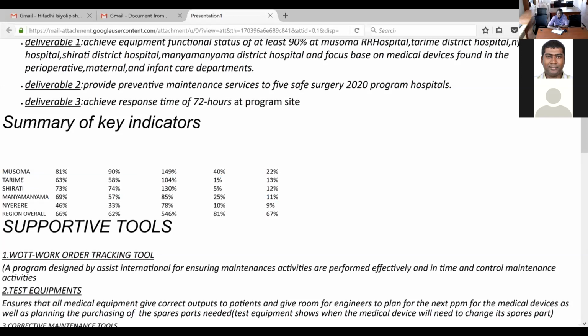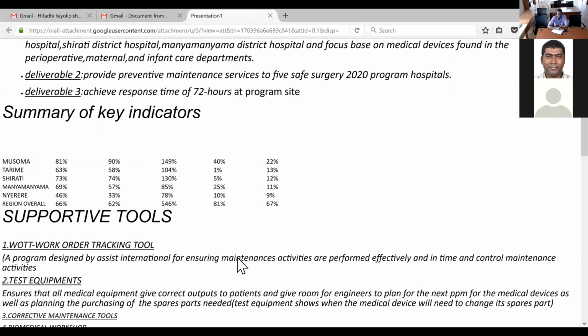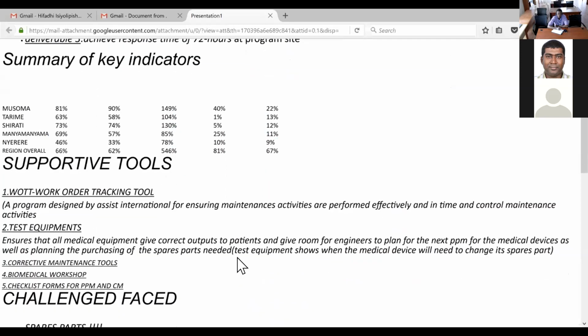Yeah, because I'm not sure if it will be clear, because what I wanted to show them was the progress which we have in MUSOMA for the 5 hospitals technically. So when I'm looking at it clearly, I don't see. So, at least here, okay. Try to do something.